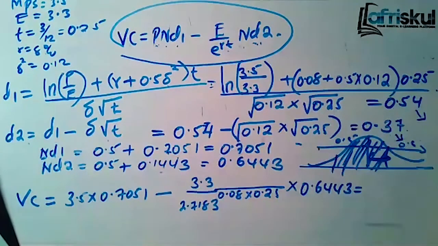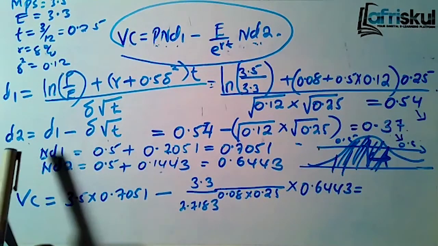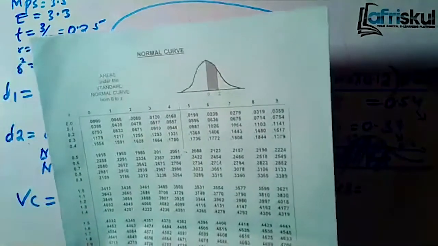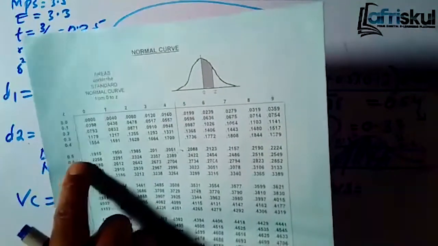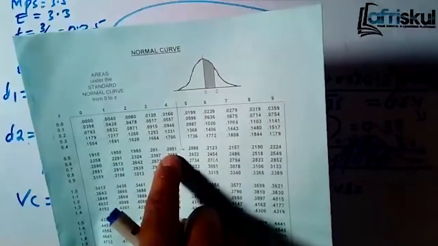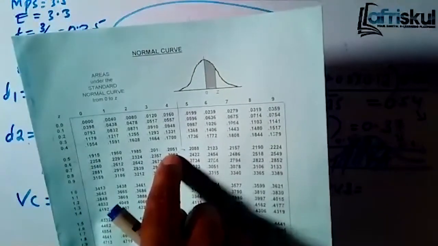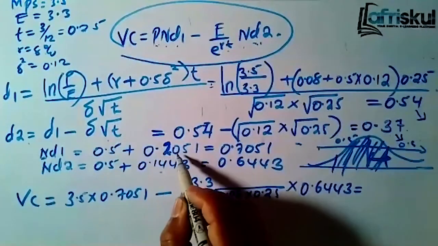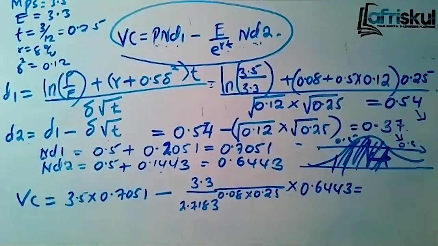For example, in this case, our D1 was 0.54. So just come here, you take 0.5, you go to 4. You'll get 0.2051. D2, you do the same.